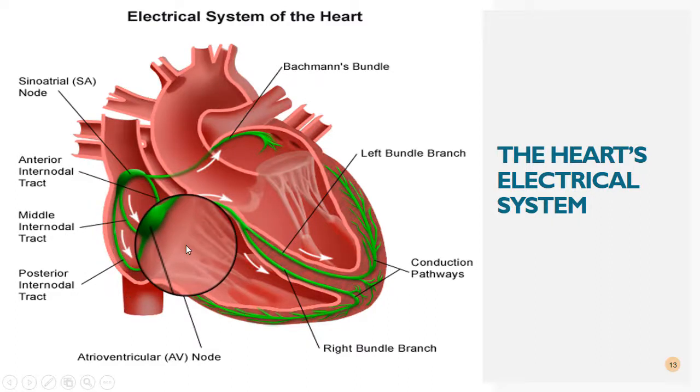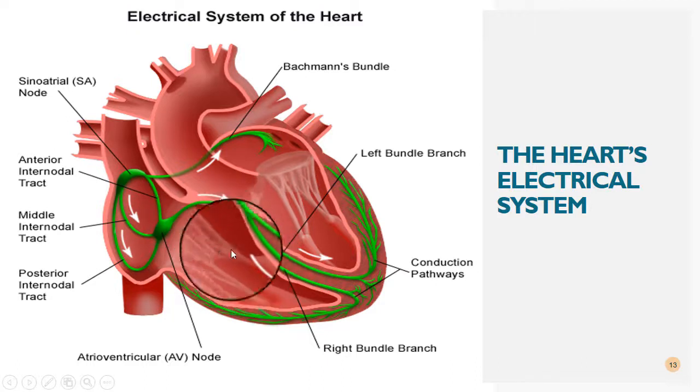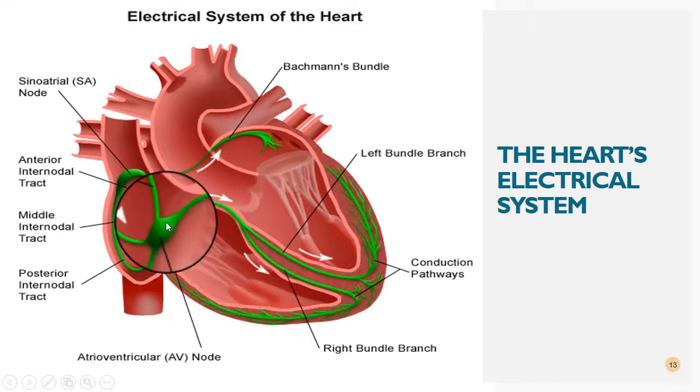Then the electrical impulses travel to an area of cells at the bottom of the right atrium, called the AV node, or atrioventricular node. These cells act as a gate. They slow down the signal so that the atria and the ventricles don't contract at the same time, and there needs to be a slight delay.